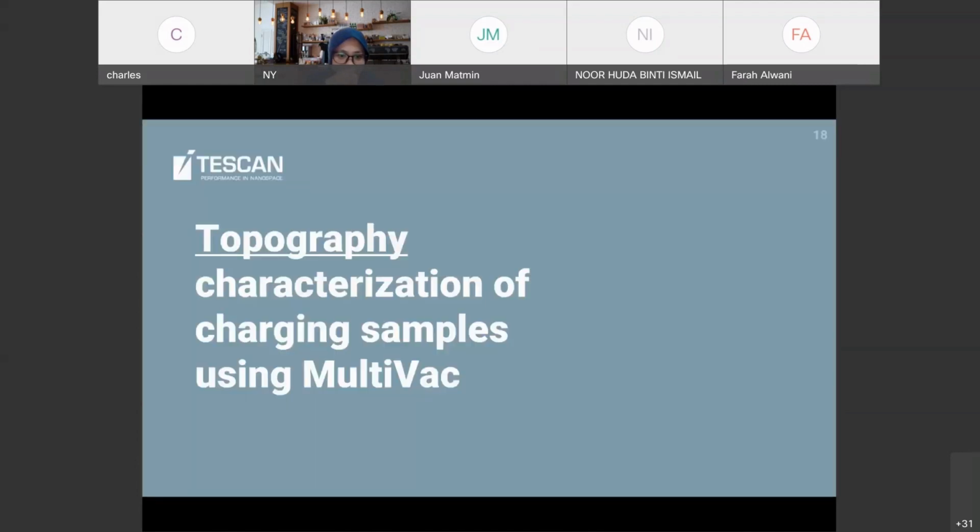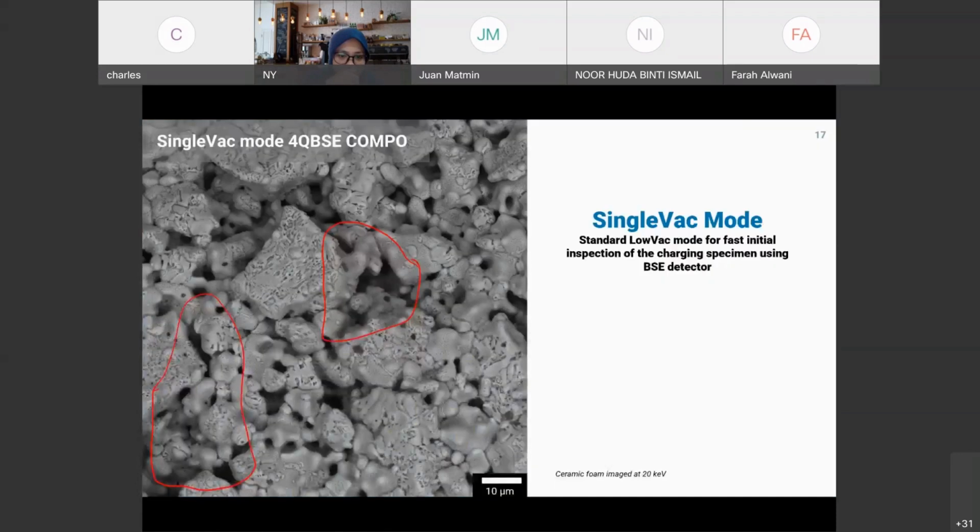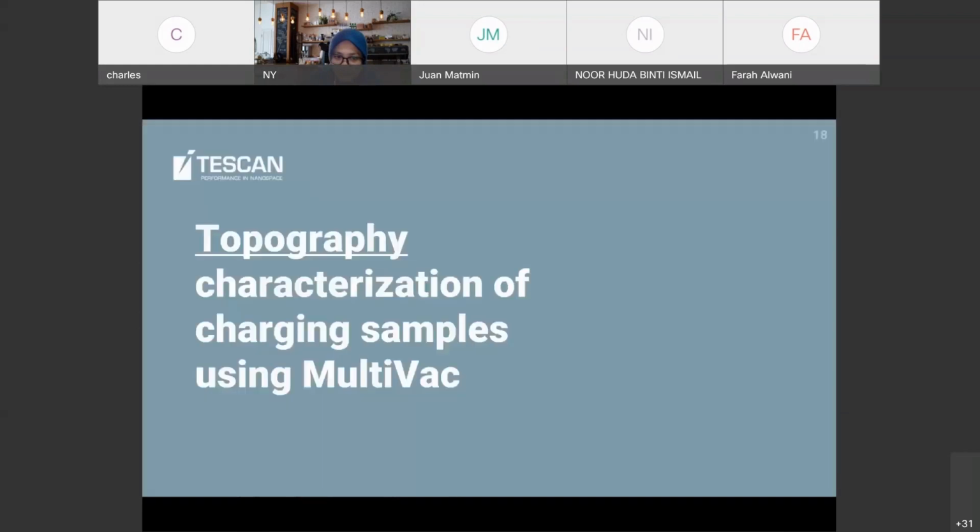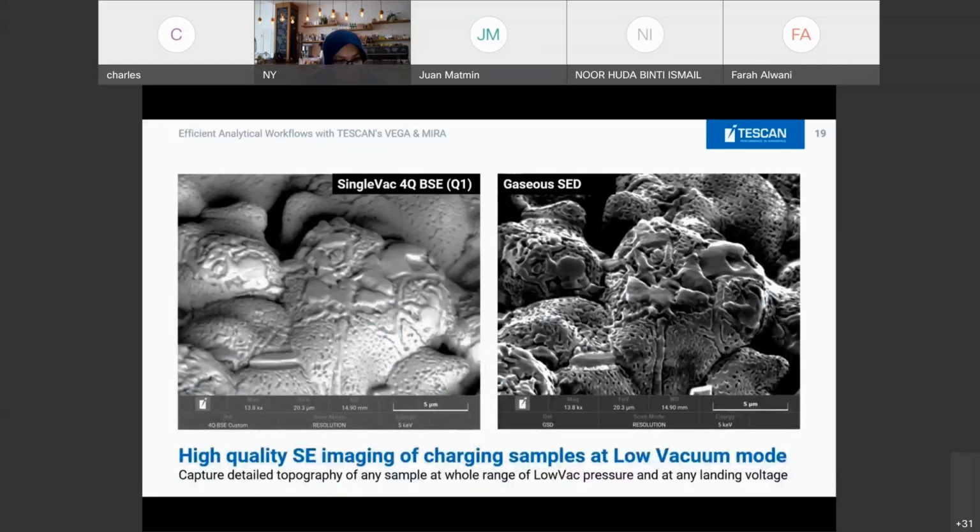And further, just now we saw this kind of image, right? Yes, you may resolve under low vacuum, but it is fully by backscattered electrons, so you do not get much surface topography information. If you're emphasizing topography, we have to use another kind of detector.